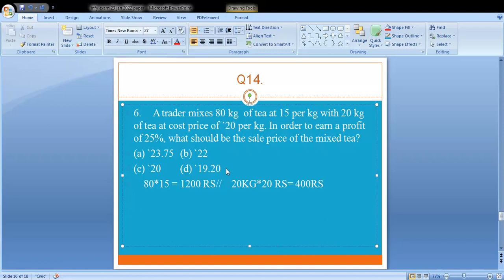So totally, 1200 plus 400 is 1600 rupees. The number of kgs is 80 plus 20, 100 kgs, so 16 rupees per kg is the mixture price.